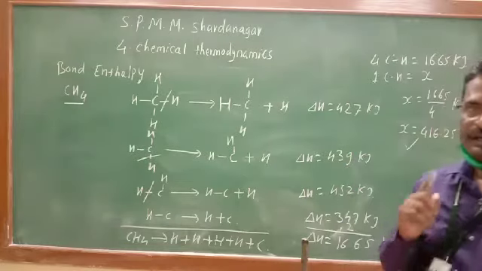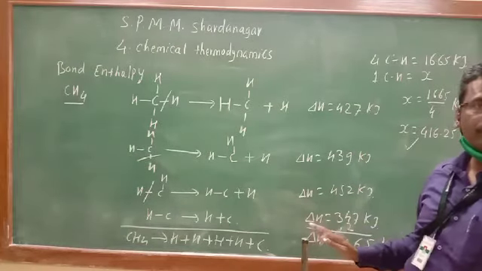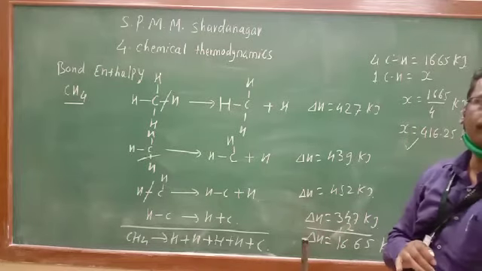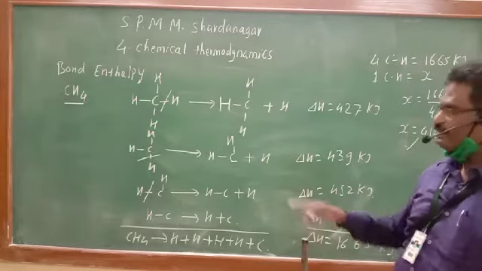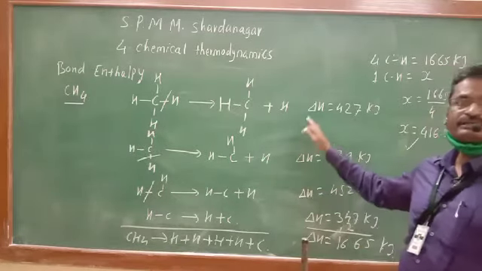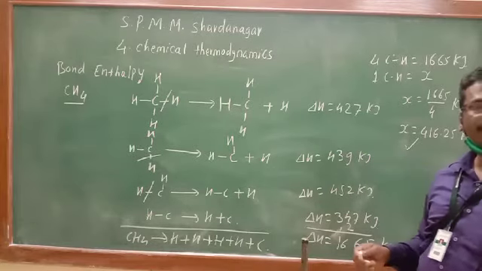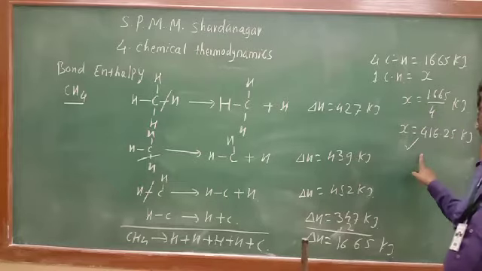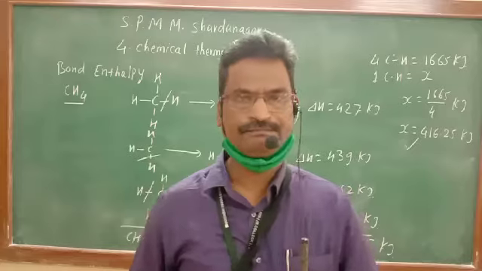Each bond has its specific value, but in the polyatomic molecule, instead of considering the absolute value of any specific bond, their average is taken, and that average is known as average bond enthalpy.